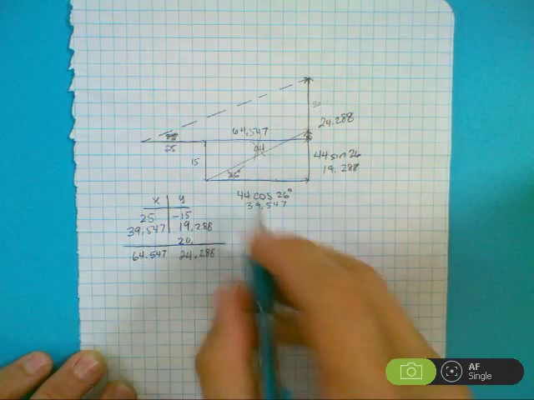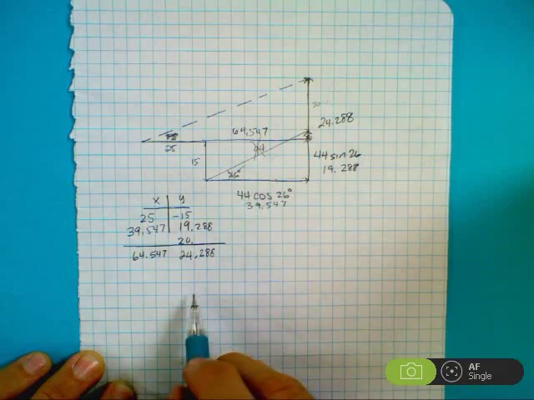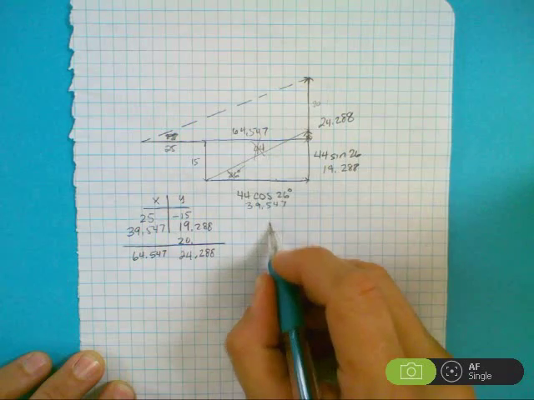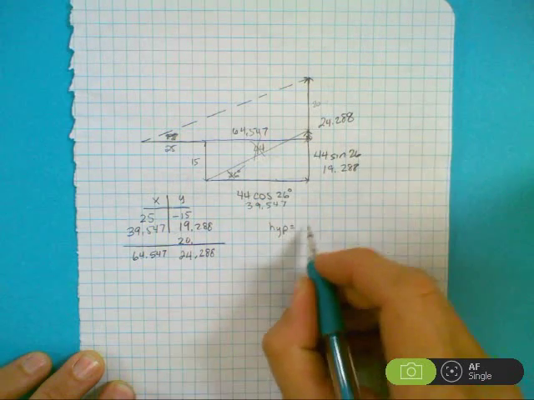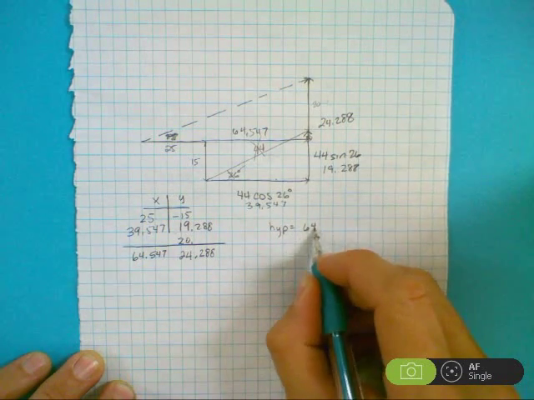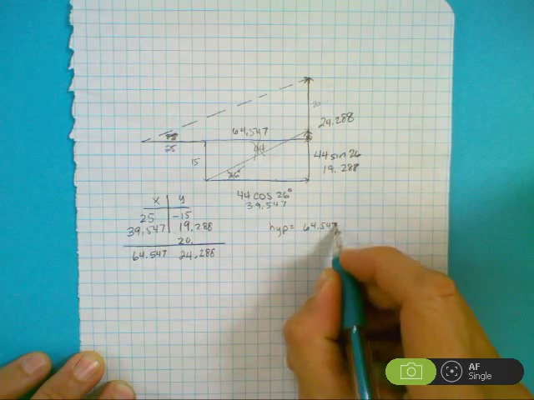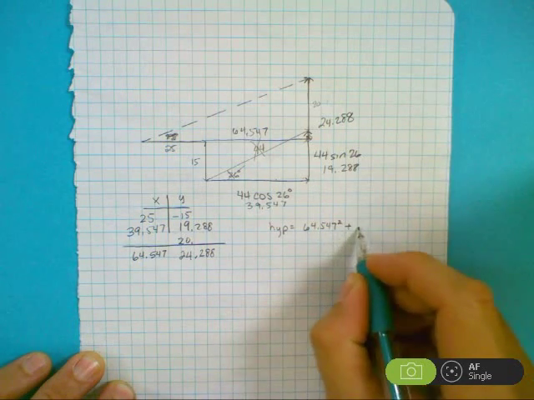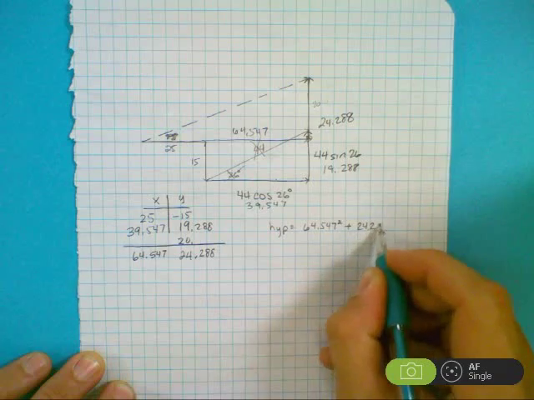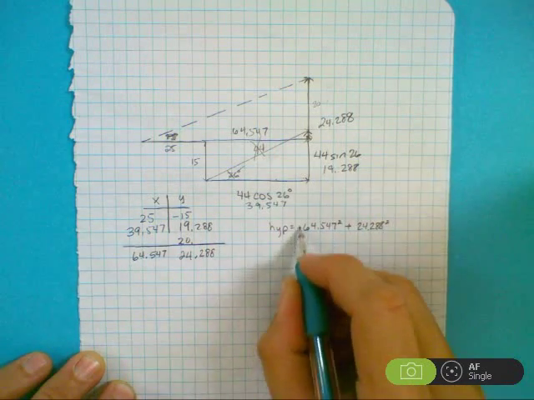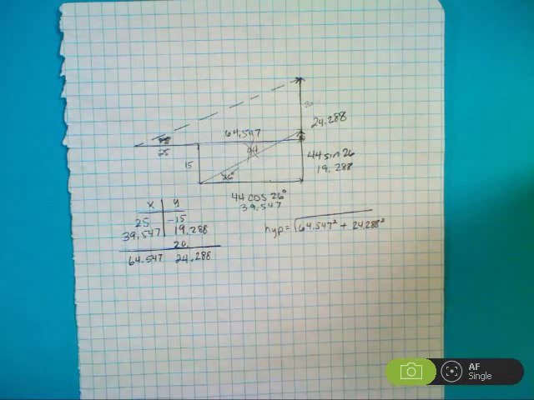All right. To get the length of this resultant vector, I'm going to use the Pythagorean theorem. The hypotenuse is going to be equal to the square root of 64.547 squared plus 24.288 squared. I'm going to punch that into my calculator real quick, make sure that I have the right values.